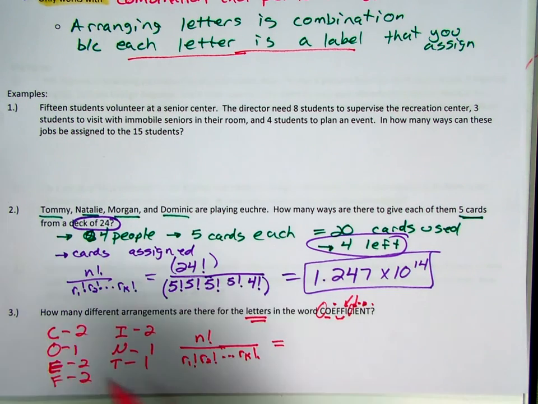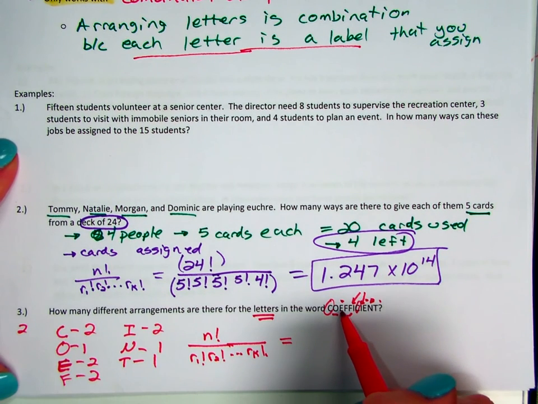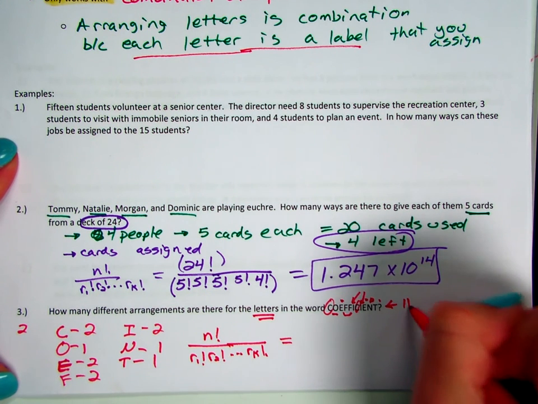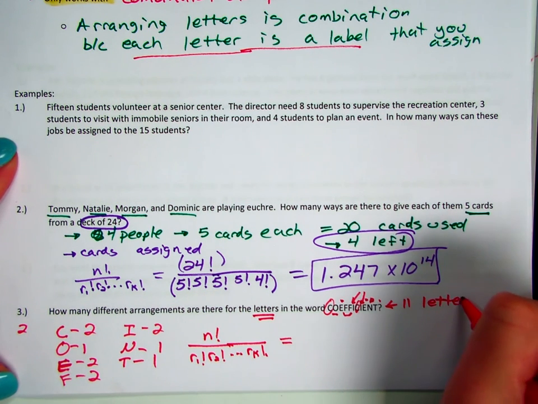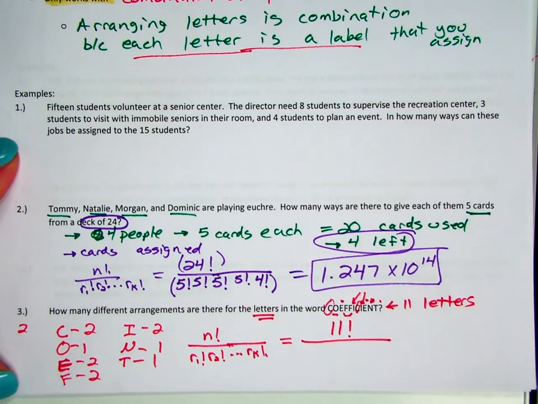So my total, because N stands for the total, how many total letters are there? 1, 2, 3, 4, 5, 6, 7, 8, 9, 10, 11. 11 letters in total that we're going to be able to choose from. So 11 factorial is my number of elements.